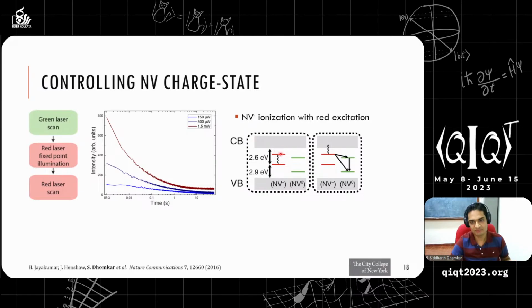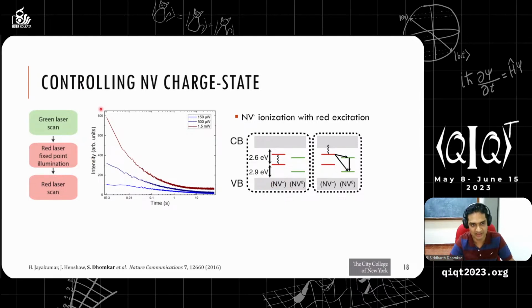So the first photon excites it, and the second photon puts it into the conduction band. It's a 2-photon process, not a virtual photon, but 2 real photons, so it depends on the lifetime of the excited state. You go from NV minus to NV zero. It's a one-way street. You cannot bring it back because there is no way to excite NV zero with red light, right?